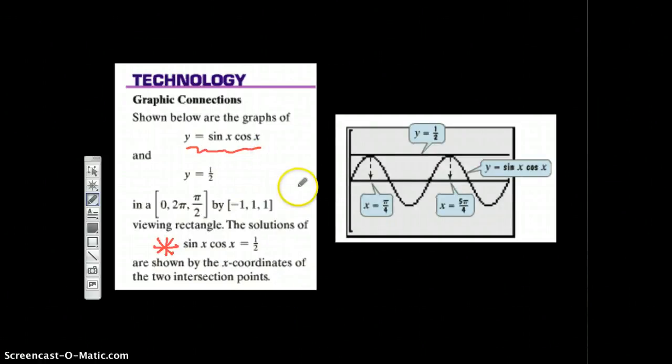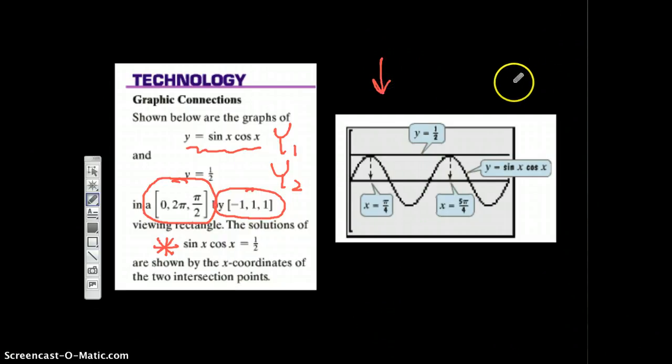Okay. I'm going to make y1 this guy, and I'm going to make y2 that guy. I'm going to use my x values here, my range values right here, and I'm going to graph it on the calculator. So here is that graphed on the calculator. Notice that I have my line y equals 1/2 right here, okay?